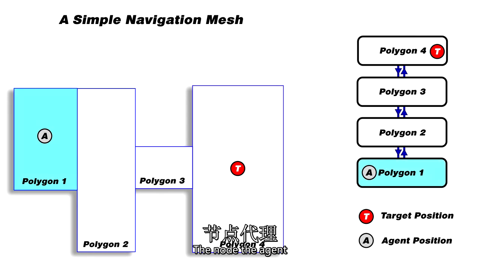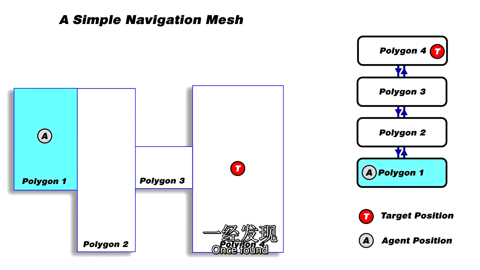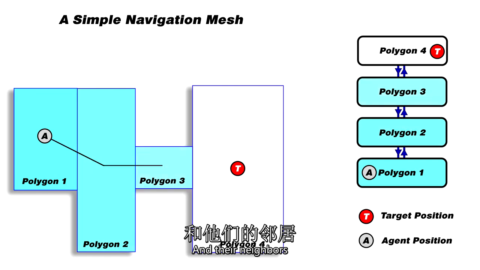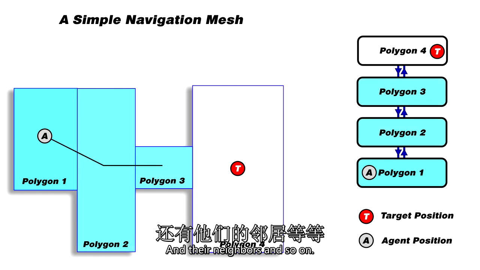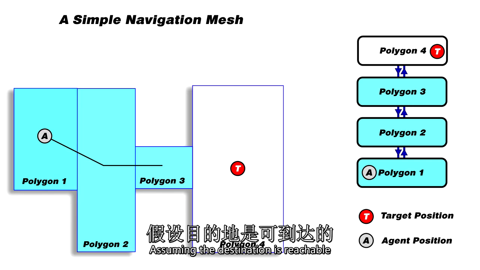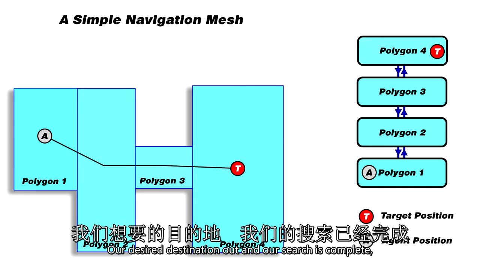First, the node the agent is currently contained within must be found. Once found, we begin a search out from that node along its edges into its neighbors, and their neighbors, and their neighbors, and so on. We also keep track of the nodes we have passed through along the way. Eventually, assuming the destination is reachable, we flood out into a node that happens to be our desired destination node, and our search is complete.